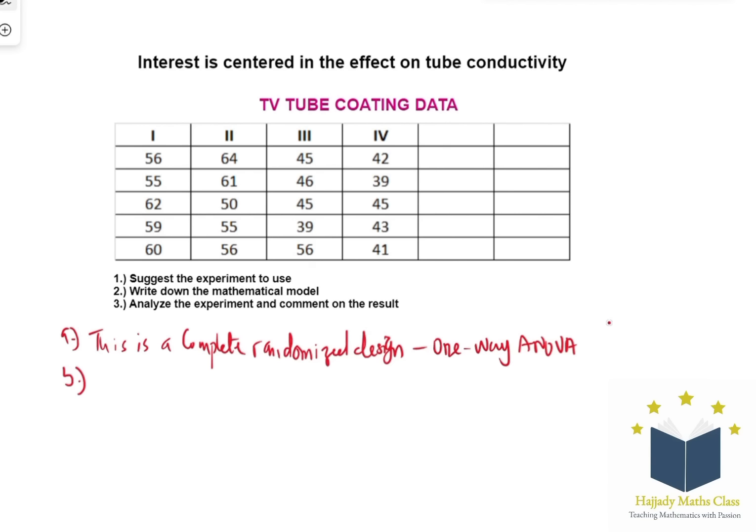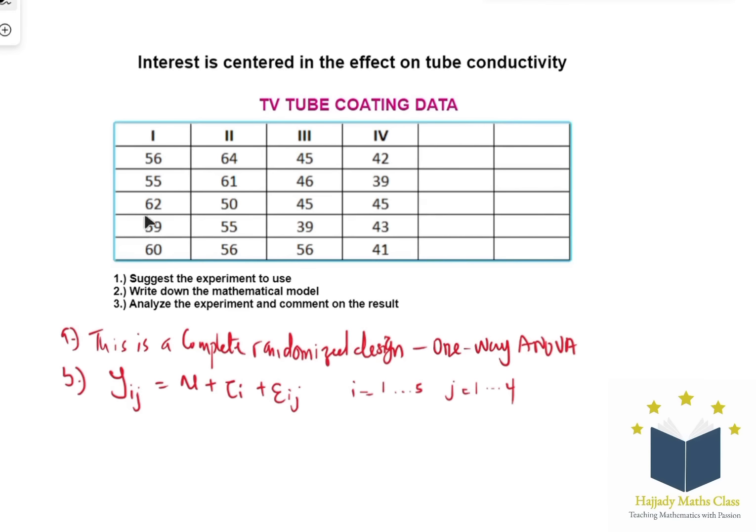So the model for the CRD will be Yij equals mu plus tau i, which is the treatment, plus the error term, which is eij. Don't forget that my i is from 1 to 5 and my j is 1 to 4. So we have j from 1 to 4 and i, the rows, is 5.